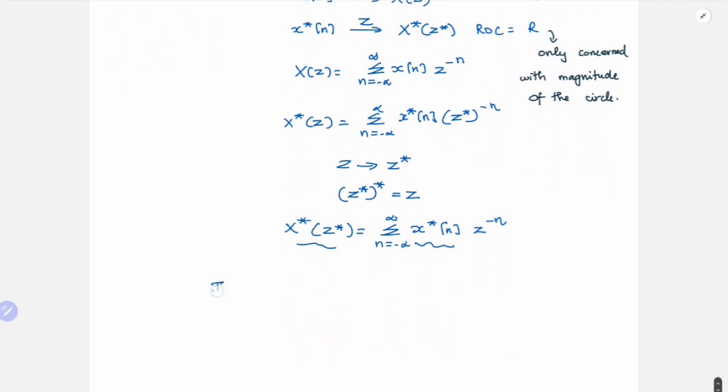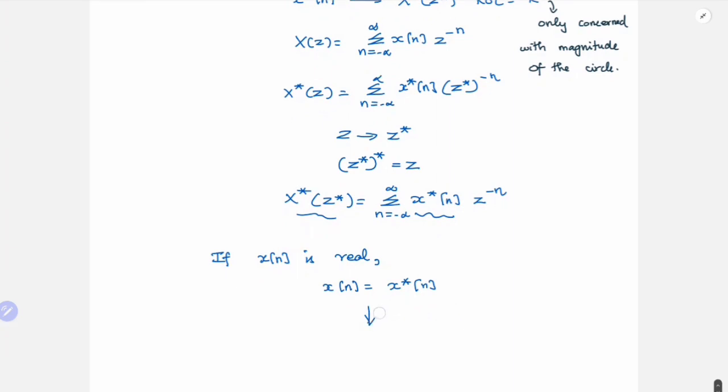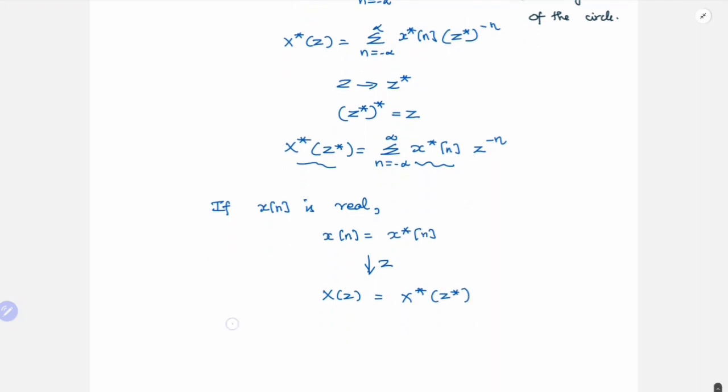Again, if you take the case where x of n is real, then you have x of n equal to x conjugate of n. If you take the Z transform on both sides, you will end up having X of z equal to X conjugate of z conjugate. So let's say X of z has a 0 at z0.